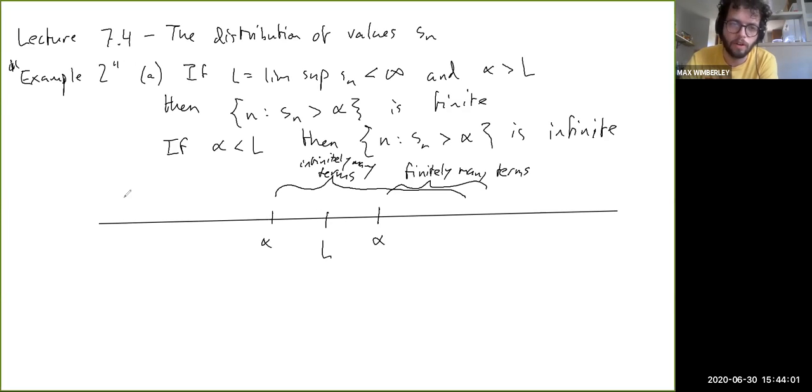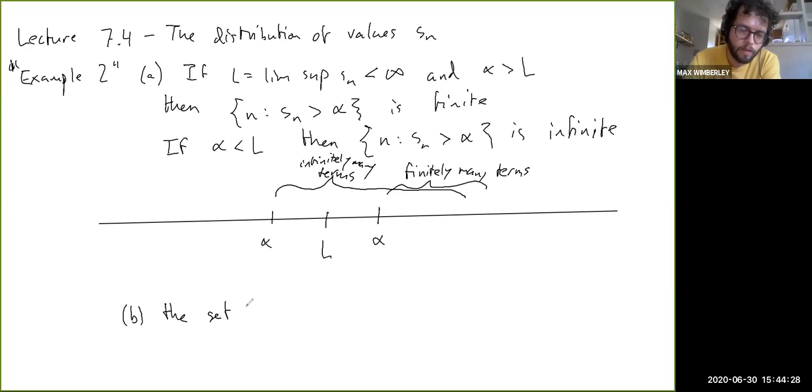If all of the terms of the sequence past a certain point are over here, then there's no way that this can be the lim sup. So that's part A. If you cut off above L, there are only finitely many terms. And if you cut off below L, then there have to be infinitely many terms. So now part B, and I'll state it down here, I guess.